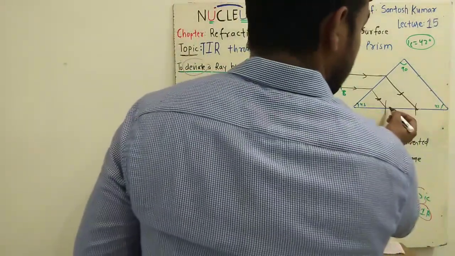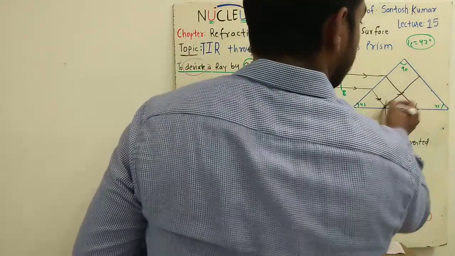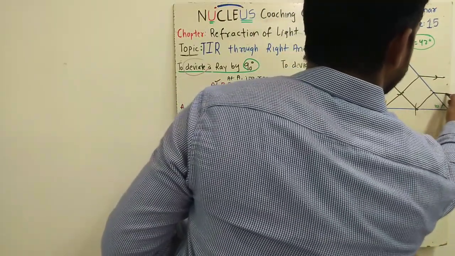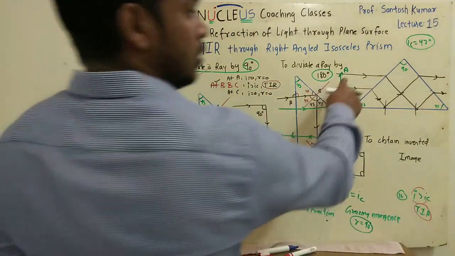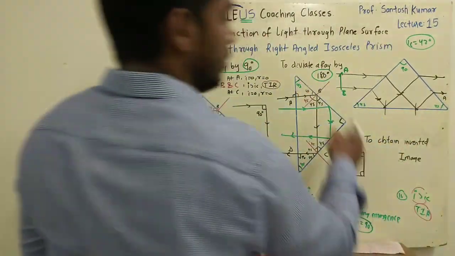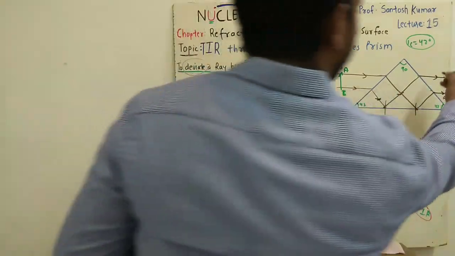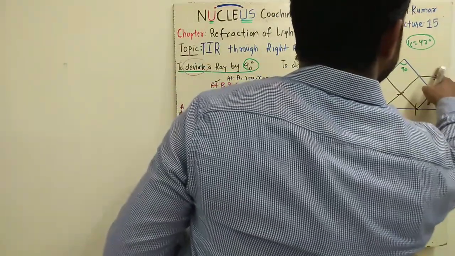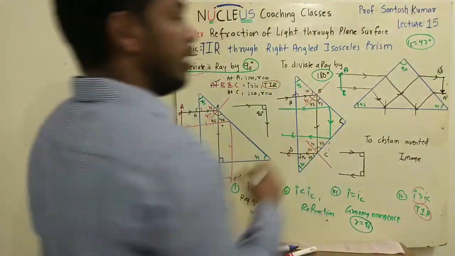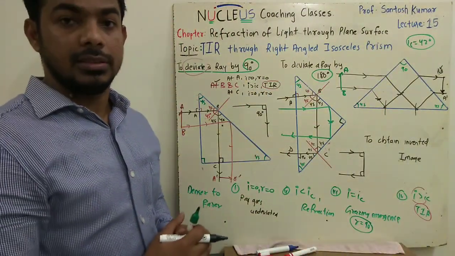Remember, join this point with this one and then refract it, this point with this one, and then refract it. Got it? So ray A is now present at the bottom and B is now present at the top. We can say this is B dash, A dash. So we have obtained the inverted image.